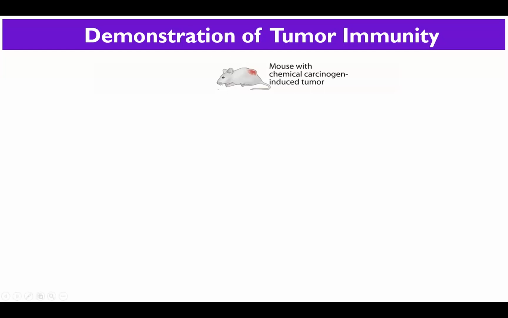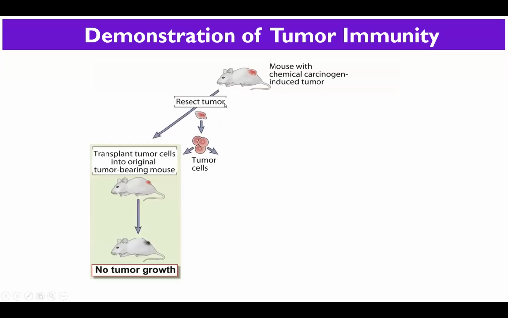And then they could resect or remove this tumor, mechanically, just surgically. In this model they were able to remove the tumor, getting the majority of it so that there was no residue.